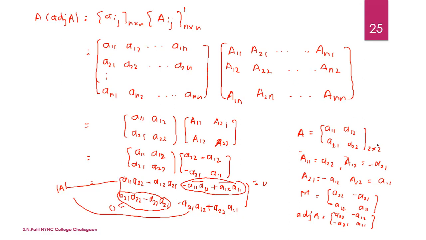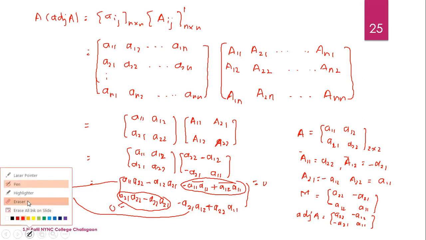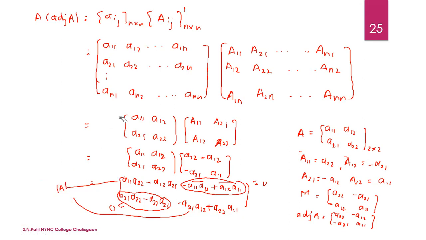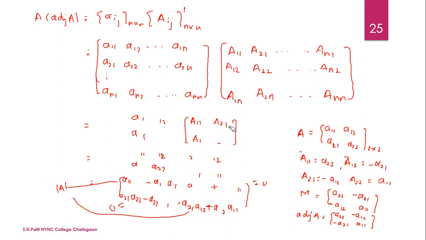Only the diagonal element remains, and the diagonal element is nothing but the determinant of that square matrix of order n by n. I showed this for the particular order 2 by 2, and the same holds for the n by n matrix.